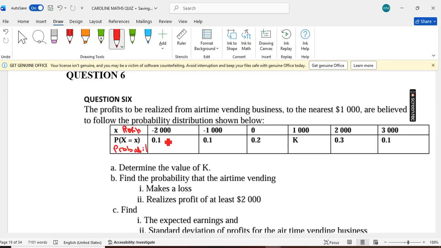So the probability of making a loss of 2,000 is 0.1 or 10%. If you invest in the airtime business, the probability of making a loss of $2,000 is 10%. The probability of making a loss of $1,000 again is also 10%, 0.1. The probability of breaking even is 20%.